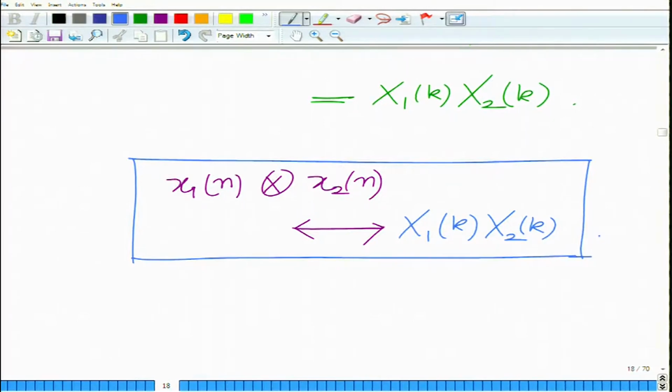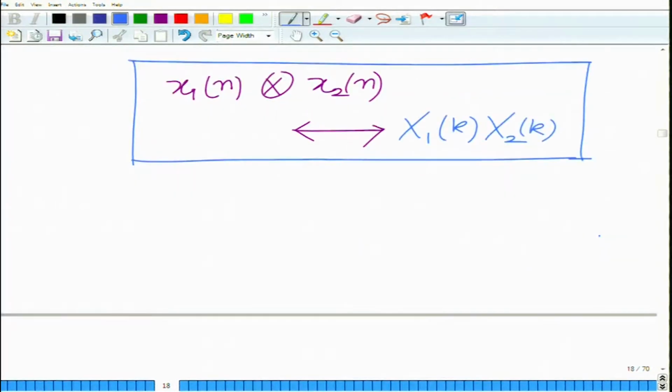So, remember, this is your circular convolution. Just so that you are not confused, one has to use the appropriate sense of convolution. For periodic signals or finite length signals, it is always circular convolution. For infinite signals, it is always the linear convolution, all right.